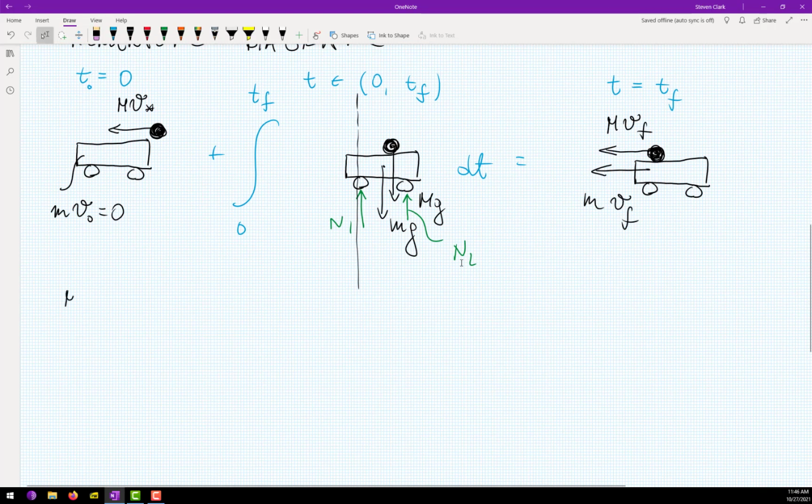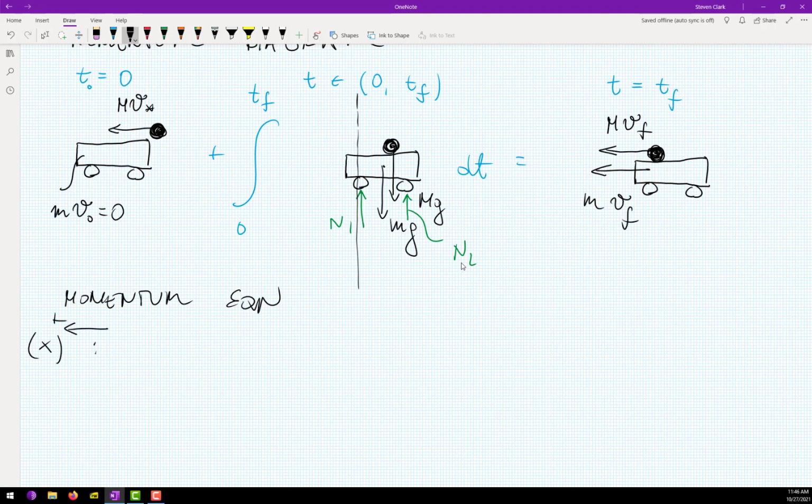So now the momentum equation is the following. We'll write it for the x direction, and I want this one to be the positive direction.